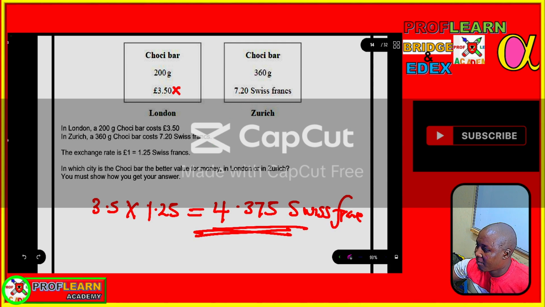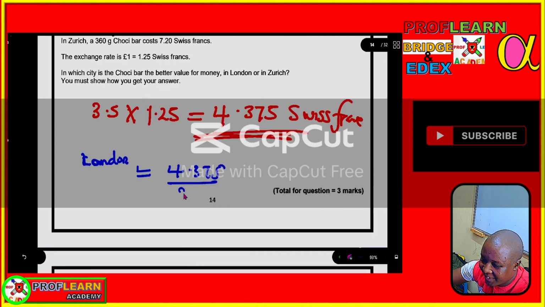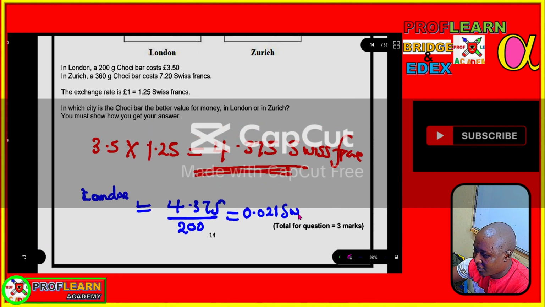So let's check per gram. In London, the price per gram is going to be 4.375 divided by 200, which is going to be 0.021 Swiss francs per gram.